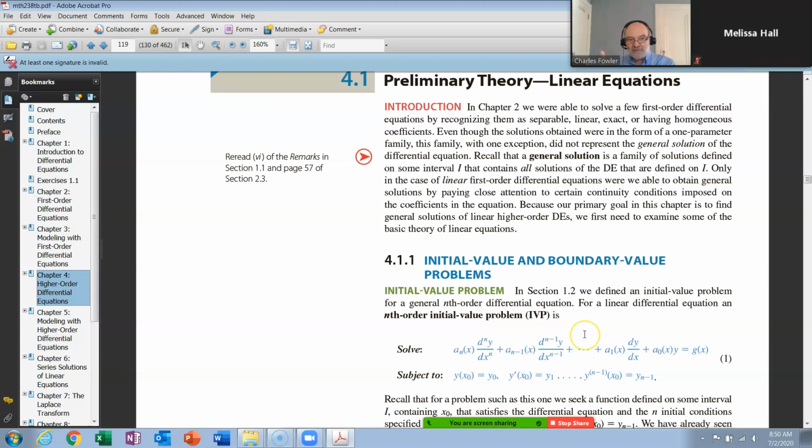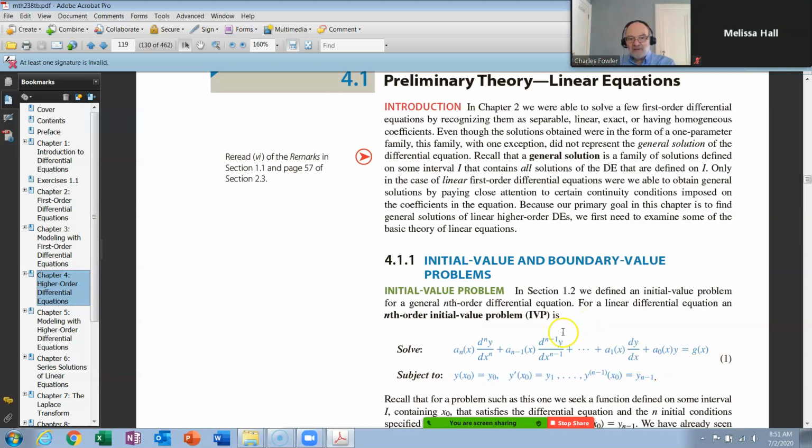Any derivative is the only expression of y in that term. And y itself cannot be a function of anything else. In other words, you can't have a sine of y or e to the y. X's are allowed to your heart's content. Any functions of x in the coefficient functions are over here. I'm not saying you'll be able to solve them, but you can have them and still have a linear equation.